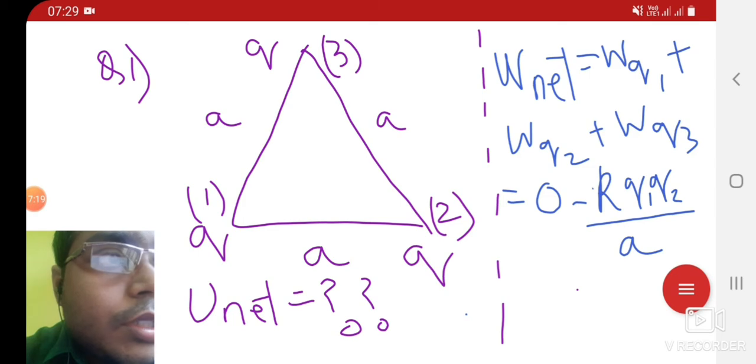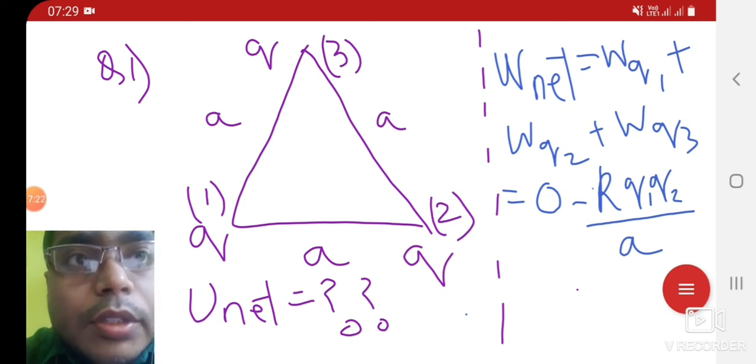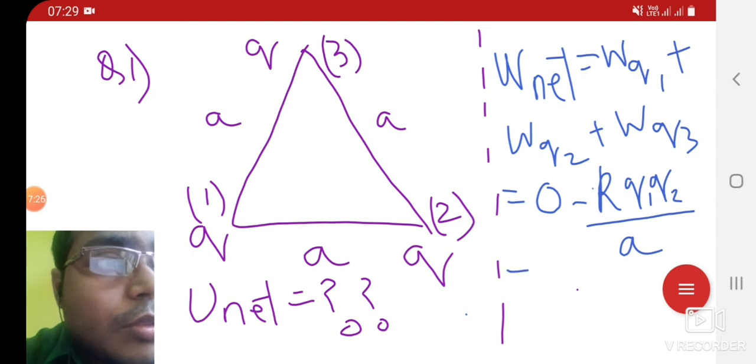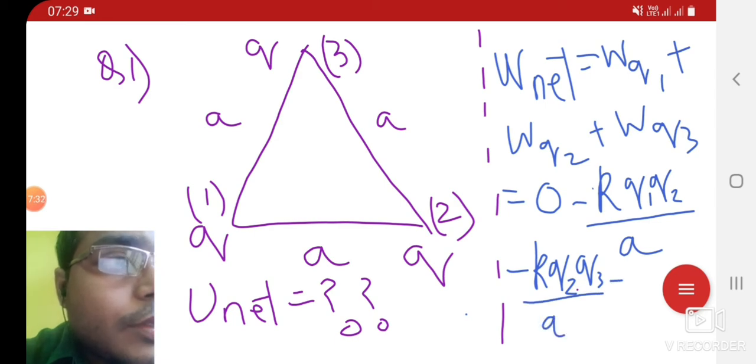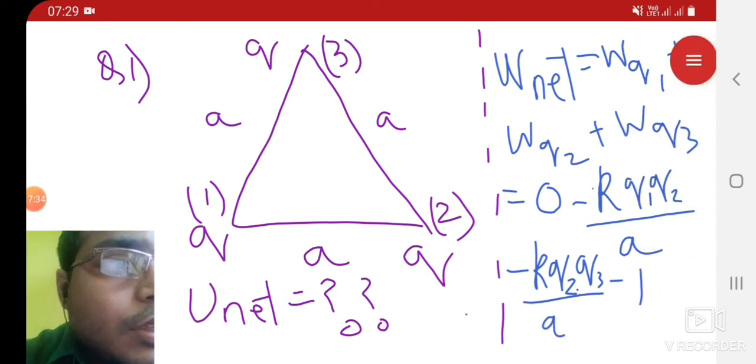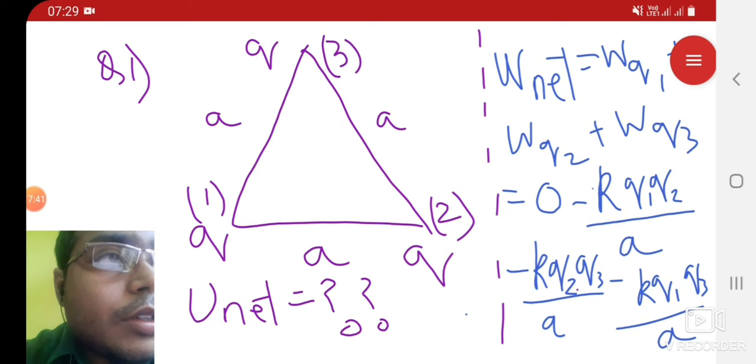Then for the third charge, when we bring the charge at point 3, there were already charges 1 and 2 present, so the work done will be k q2 q3 divided by A minus k q1 q3 divided by A. So this is the work done.